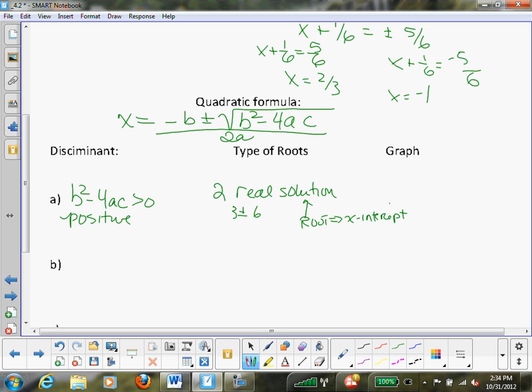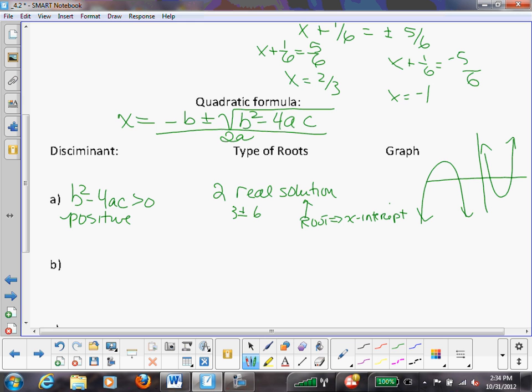Parabola. So if my graph is supposed to cross the x-axis in two places, it's either doing this or this. Does that make sense? It's got two solutions, so I've got to clearly cross it in two places.